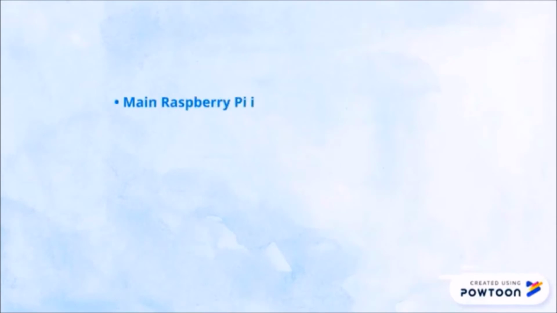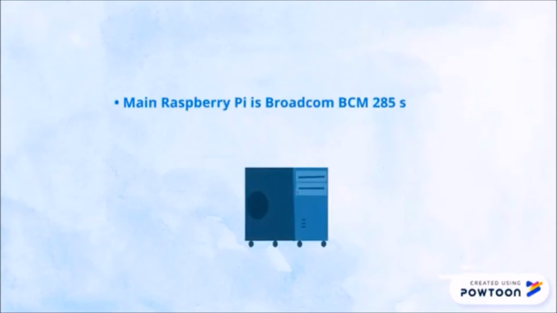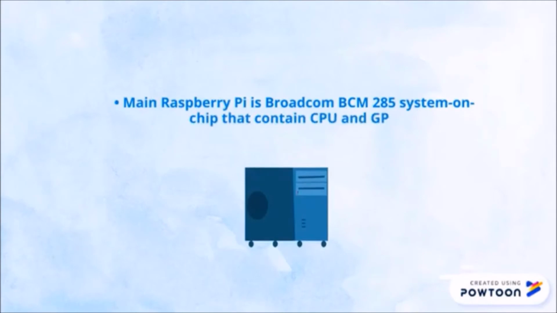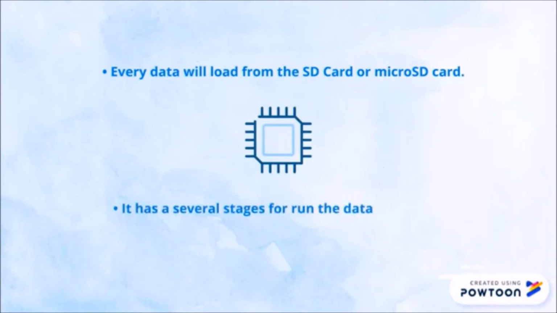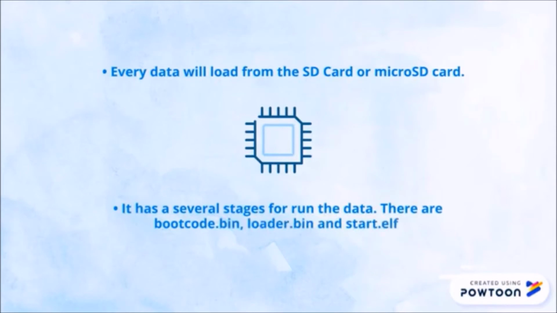The main Raspberry Pi chip is the Broadcom BCM2835 system on chip that contains the CPU and GPU. All data will load from the SD card or micro SD card. It has several stages to run the data. They are bootcode.bin, loader.bin, and start.elf.